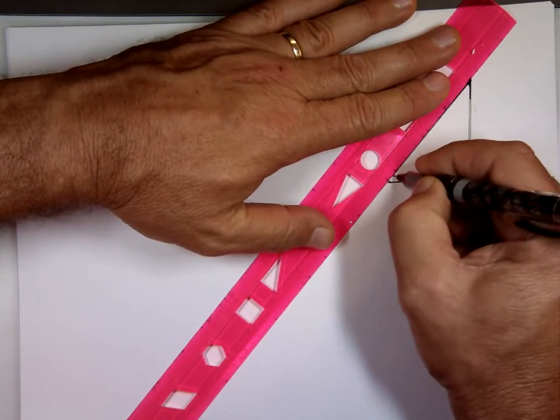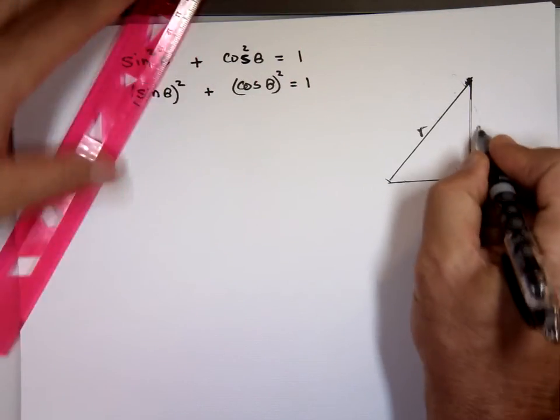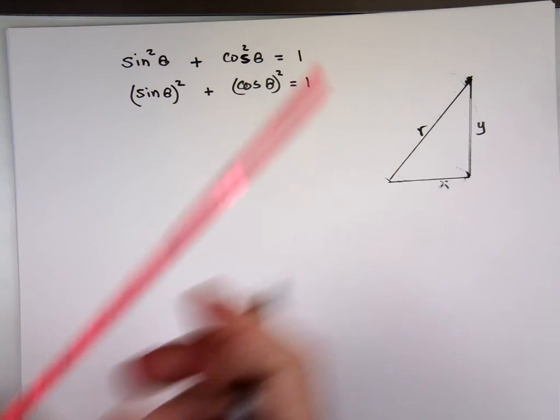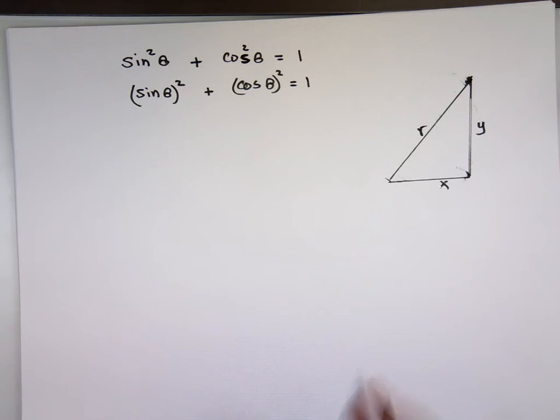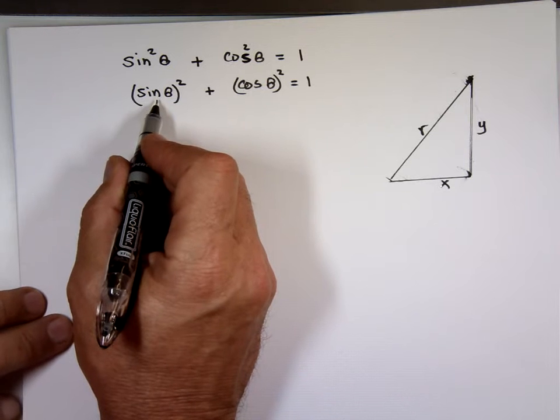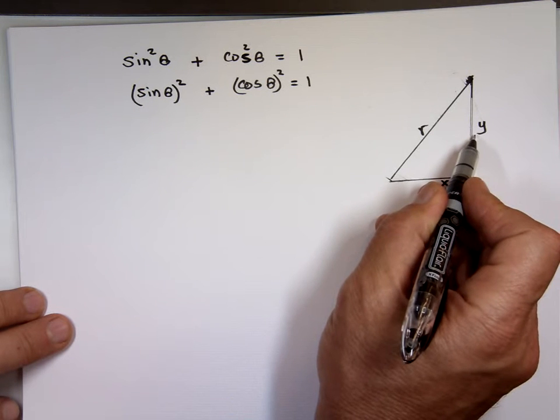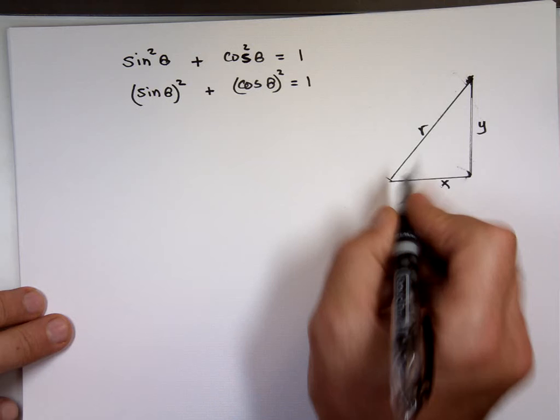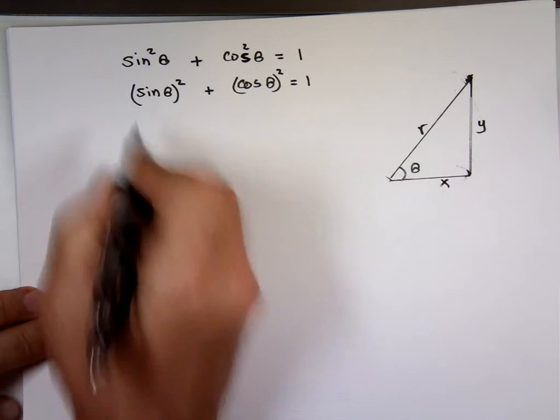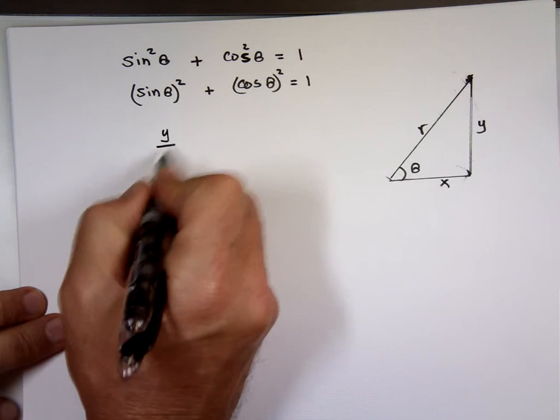This is R, this is Y, and this is X, right? The sine is what side? Opposite over the hypotenuse. This is theta. So the sine is Y over R. I need to square it.